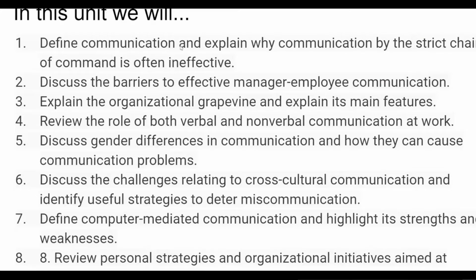Yesterday I went through the major objectives for the communications one, which is what we're focused on here. We're going to define what communications is and how communication occurs in the workplace, the barriers to effective communication, the informal communication known as the grapevine and what its factors are, verbal and nonverbal communications, gender roles, challenges of cross-cultural communication, computer-mediated communication, and obviously at the end, here are all the things we can do in order to do a better job of communications.